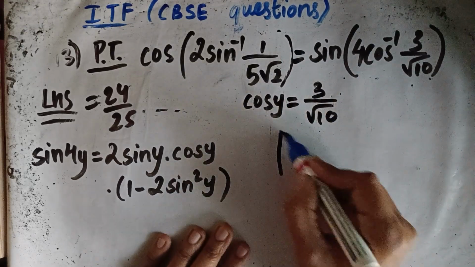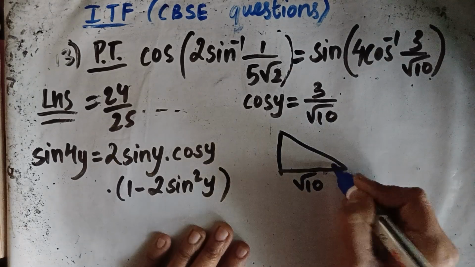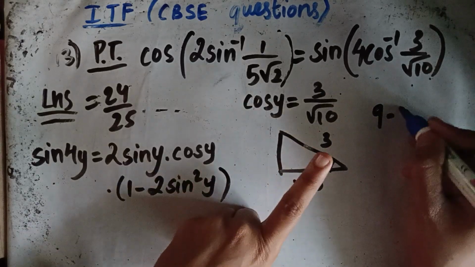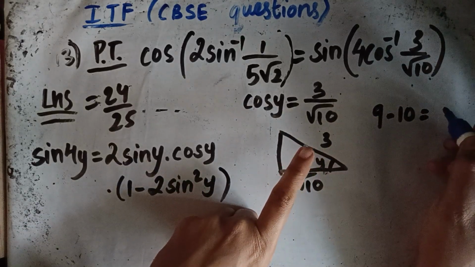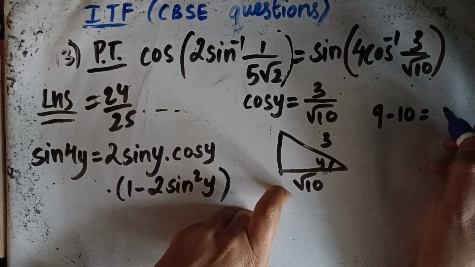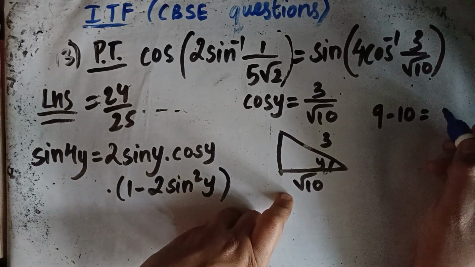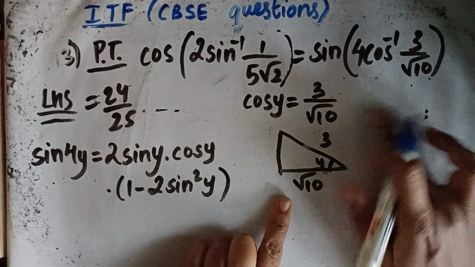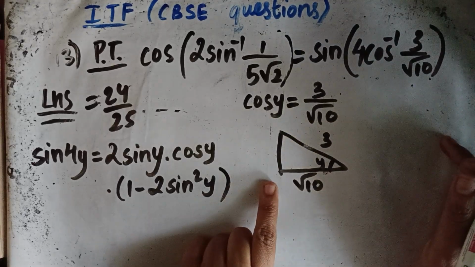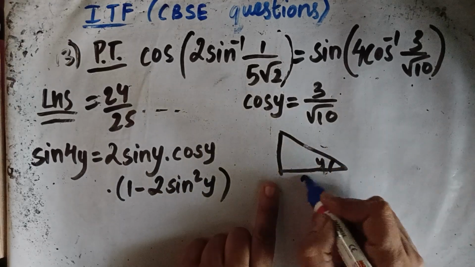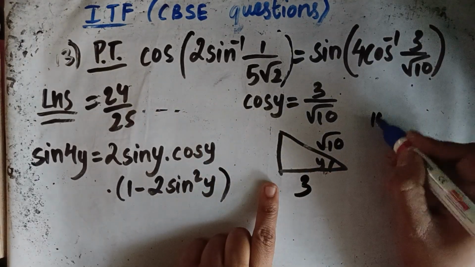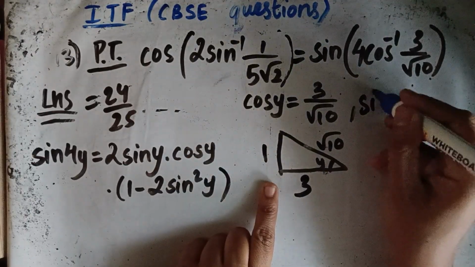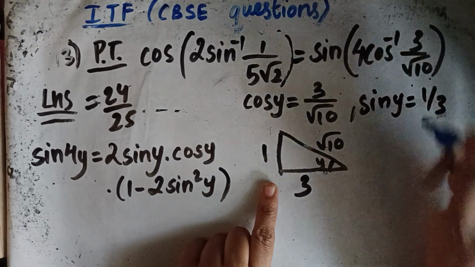So using the triangle method, this is y, 3. So this will be root of 10 minus 9, which is 1. This is 3, this is root 10. So this is 1. Okay. So sine y is 1 by root 10.